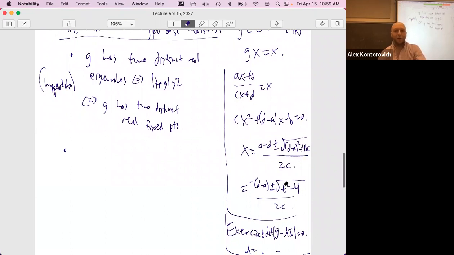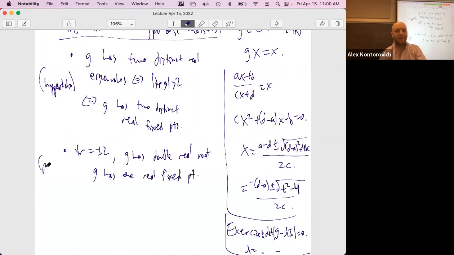Or trace squared is equal to 4, or trace is equal to plus or minus 2. Double real root. Yes, G has a double real root and has one real fixed point.